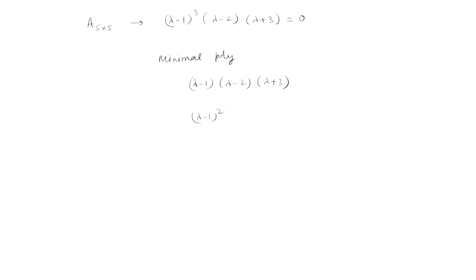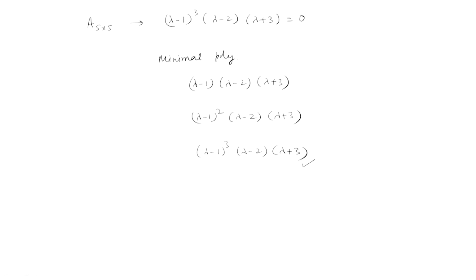The full product is of course 0 by the Cayley-Hamilton theorem. So, if the other two are not equal to 0, the characteristic polynomial itself is the minimal polynomial. First we check the lowest degree candidate; if it is equal to 0, it is the lowest degree polynomial satisfied by the matrix, otherwise we check the next one. If these two are not equal to 0, then the characteristic polynomial itself will be the minimal polynomial.